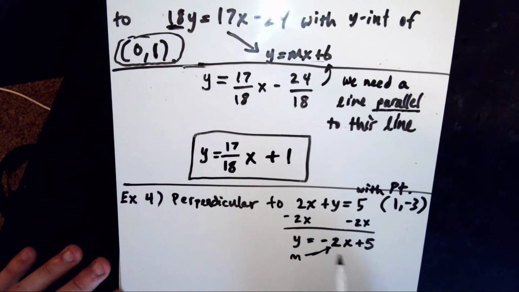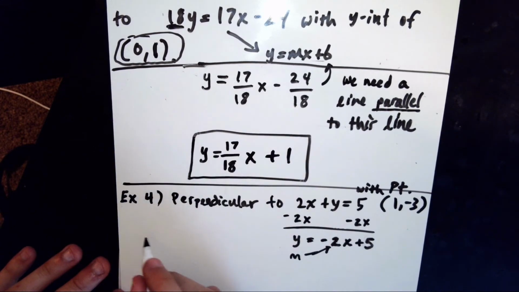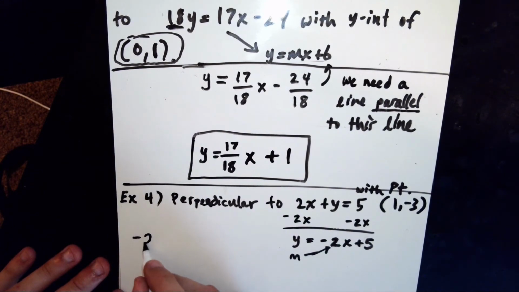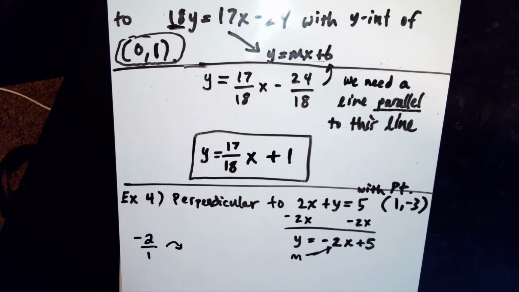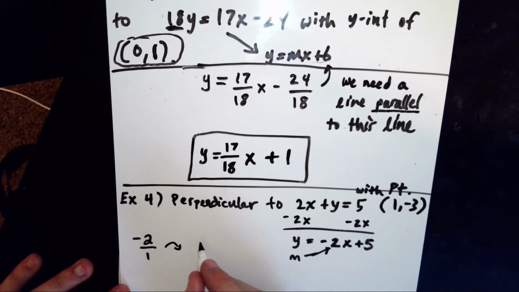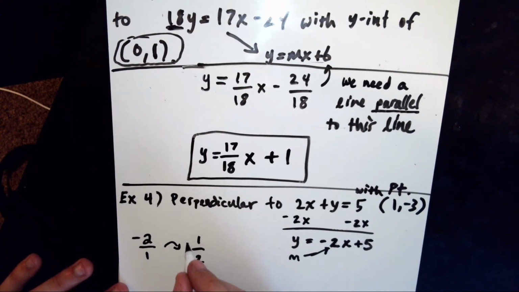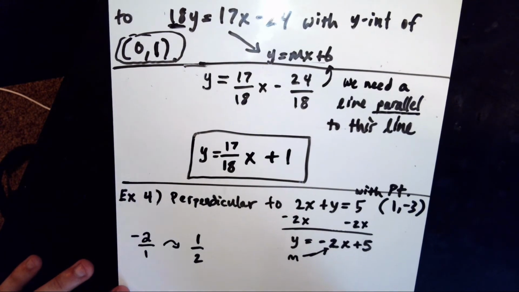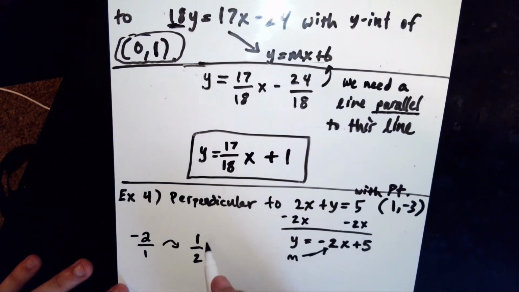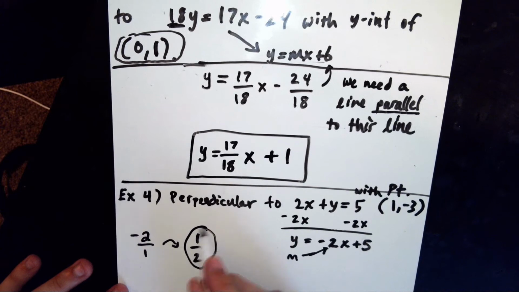Negative 2 is the same as negative 2 over 1, so we flip it and then change the sign. Flipping it gives us 1 over 2, and changing the sign turns the negative into a positive. So the slope of a line that's perpendicular to this line is a half.